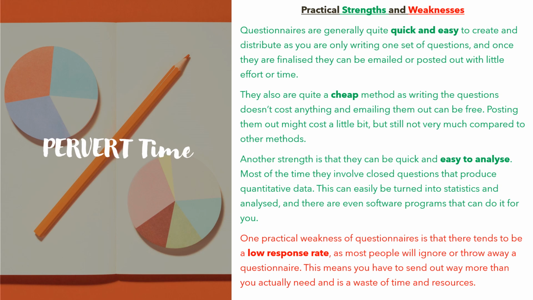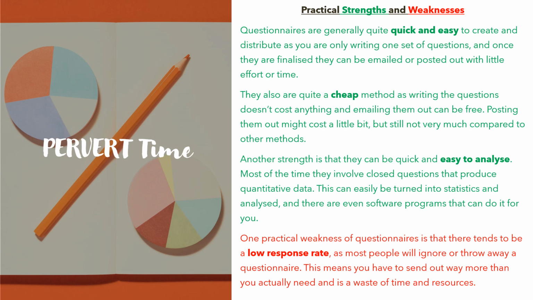One key thing is they're very quick and easy to make, because you're literally just writing one set of questions. You don't have to write a set of questions for each person you're going to do your research on. It is a case of writing one set of questions, and that then is used for every single participant. Once you've written it, you can also email it out or put it on a website, which generally is quite easy and quite quick.